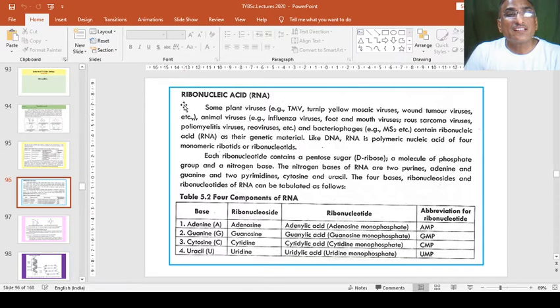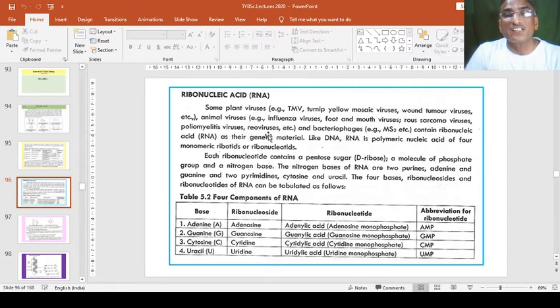Next is RNA, ribonucleic acids. Some plant viruses, for example TMV, then turnip yellow mosaic virus, then wound tumor viruses, etc. Then animal viruses like influenza viruses, then foot and mouth viruses, Rous sarcoma viruses, poliomyelitis viruses, reoviruses, etc. Or we can say retroviruses is also the word there.